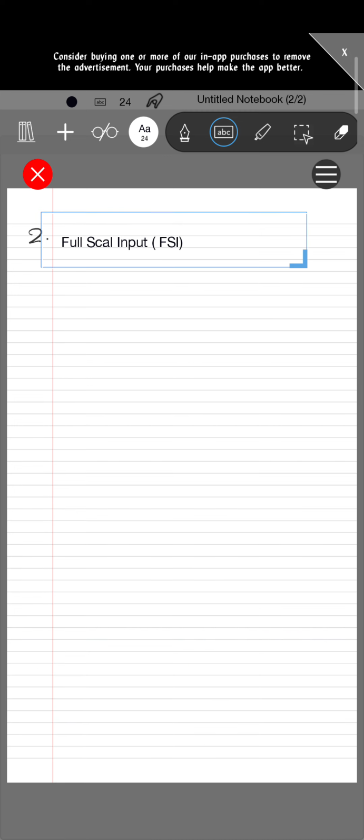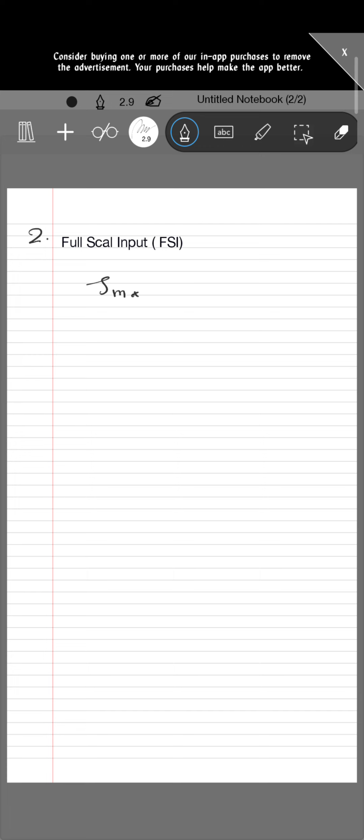Full scale input is the difference between the maximum and the minimum stimulus that can be applied. So we can have a small s max, which is the maximum physical input received by the sensor, and a small s min, the minimum physical input which can be received by the sensor. So these two are related.